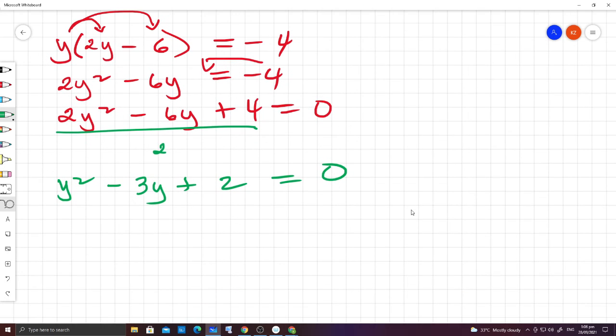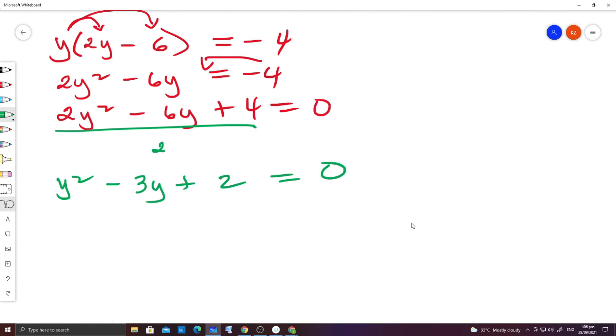Okay? So, what will be the factor? Sumita. Yes, Mr. Okay. So we have y and y. So what do you think? What will be the factor of positive 2 that when you add equals negative 3?